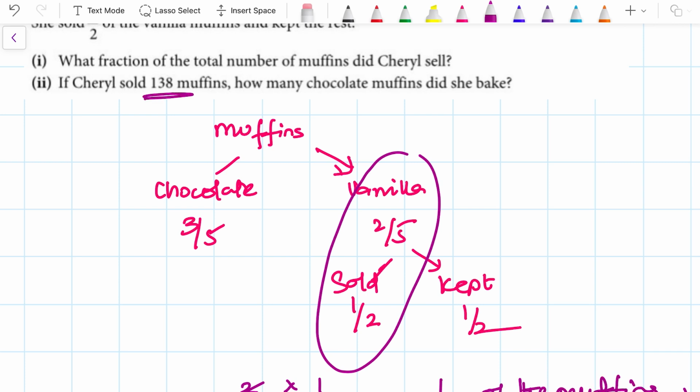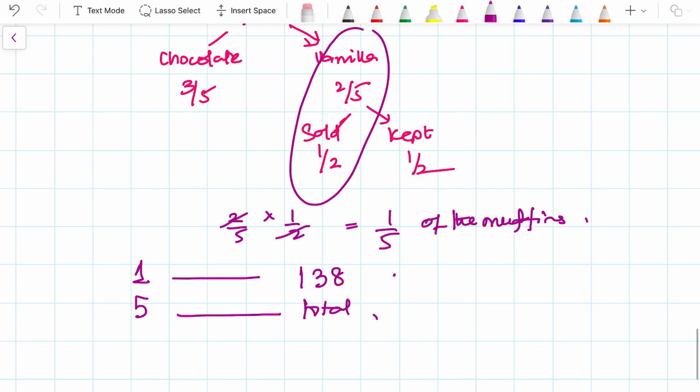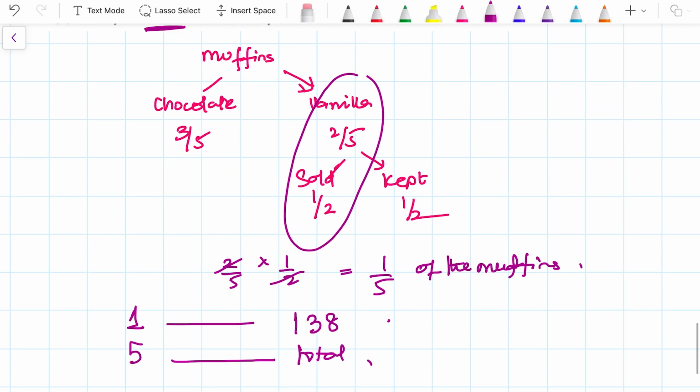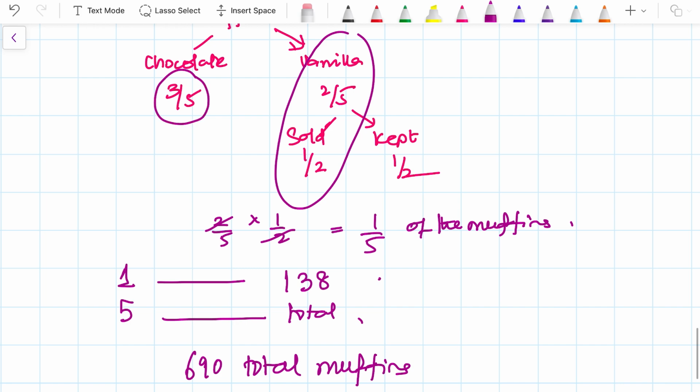Cheryl sold 138. How many chocolate muffins did she bake? So 1 represents 138 muffins. 5 represents total number of muffins. So 5 multiplied by 138 is going to be 690 are the total number of muffins. Of the total muffins, 3/5 is chocolate.